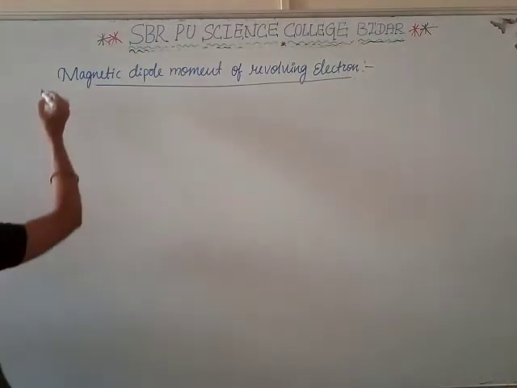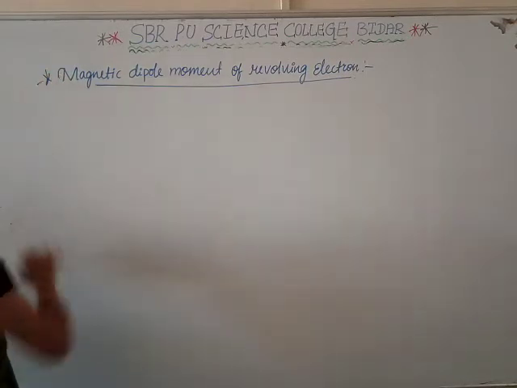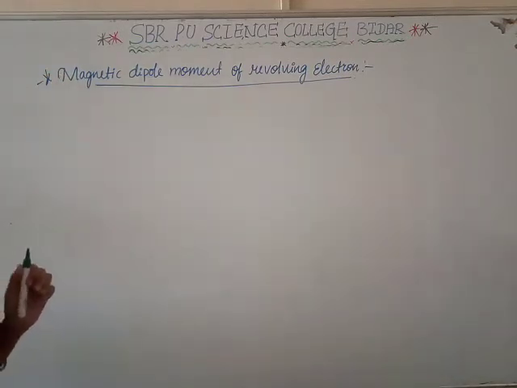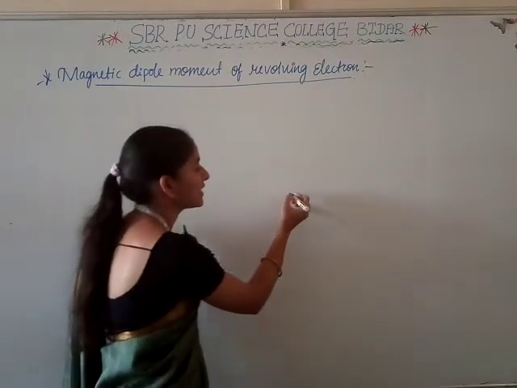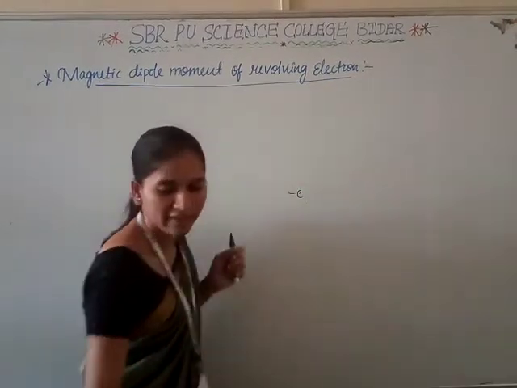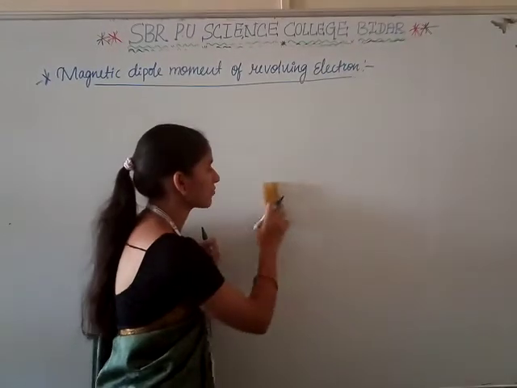Next, we have the topic of the magnetic dipole moment of a revolving electron. Revolving electron means we have to consider an electron that has a negative charge.